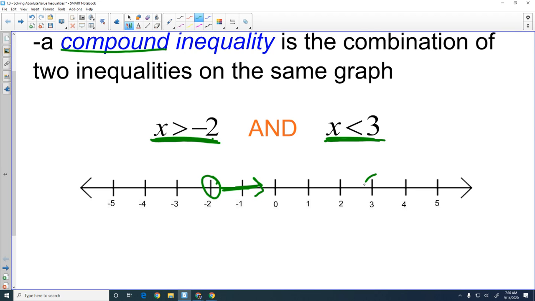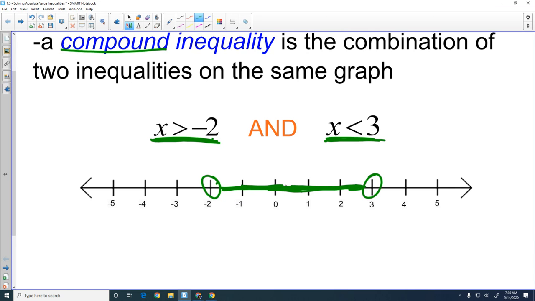So I go to 3 on the number line and circle it, saying, hey, that's my endpoint. But I need to show you where all the numbers that are less than 3 are located. Well, that would be to the left, that way. And since both these arrows are pointing towards each other, instead of actually drawing arrows, we're just going to shade in this entire bridge between those two dots.